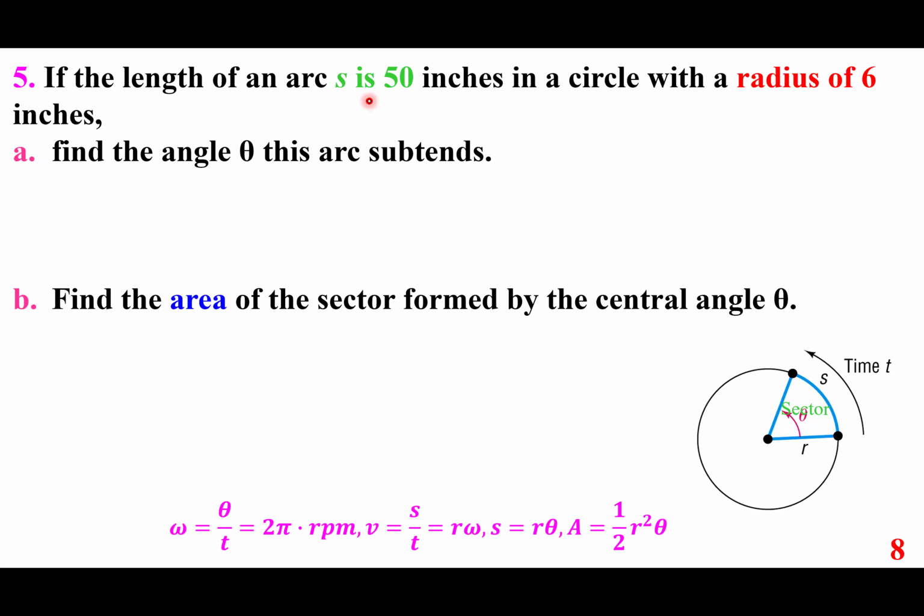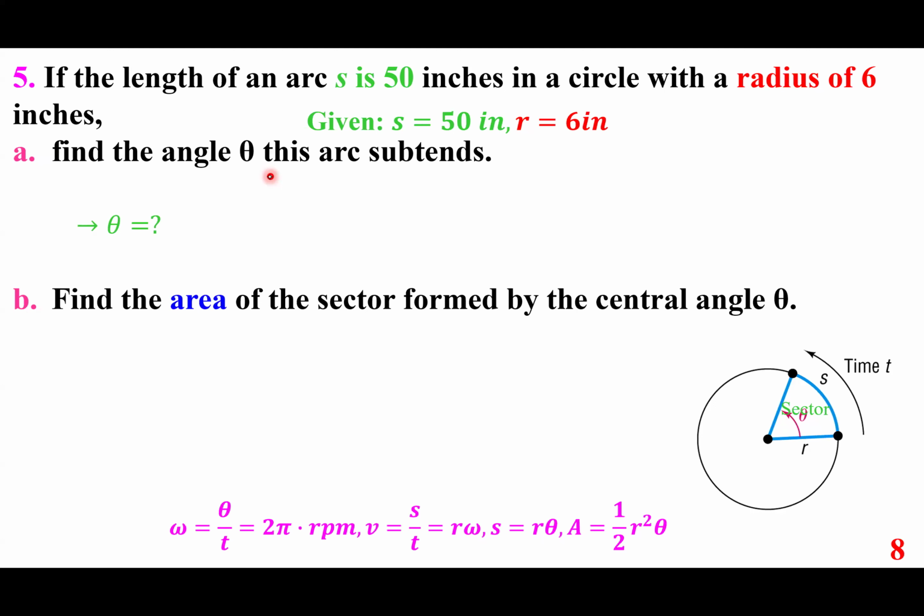If the length of an arc S is 50 inches in a circle with a radius of 6 inches, find the angle theta this arc covers or subtends. So obviously what's given is S equals 50 inches. What's given is R, the radius, is 6. So first we write that, and remember, we are interested in finding theta, right? And so S equals R theta.